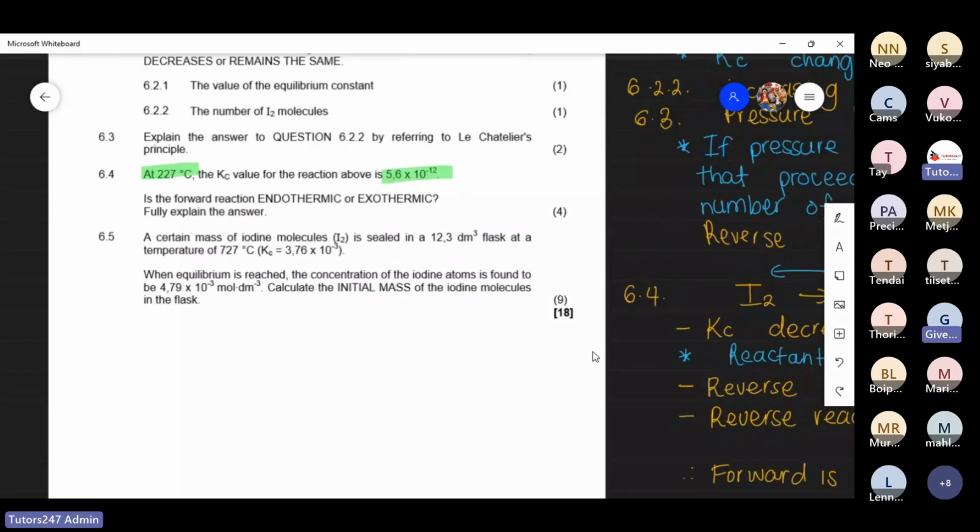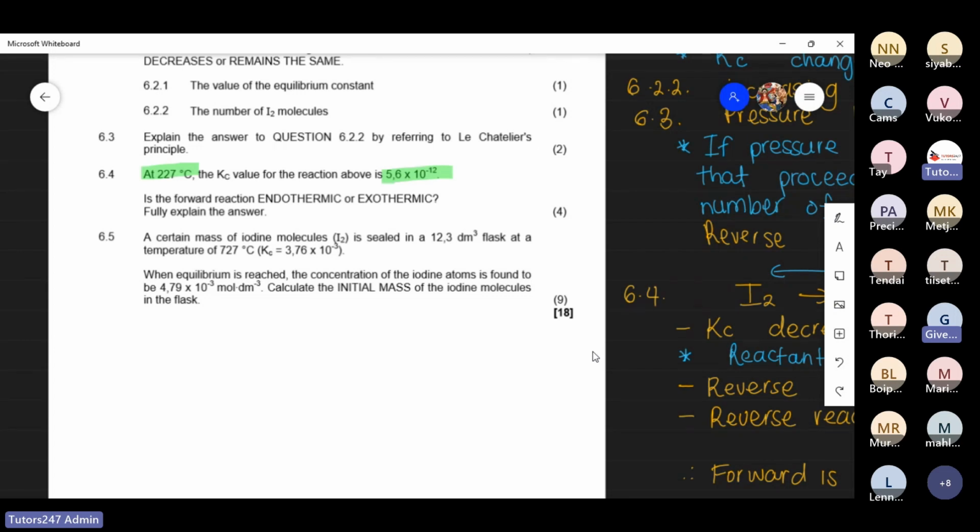Our last question, question 6.5. A certain mass of iodine molecules is sealed in a 12.3 decameter cubed flask at a temperature of 727 degrees Celsius.